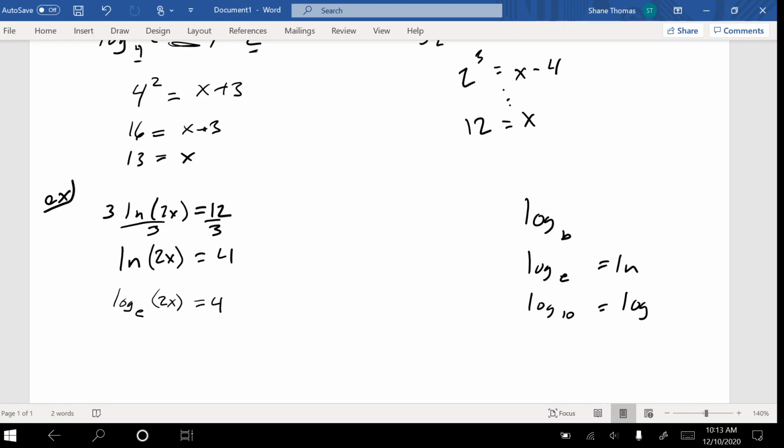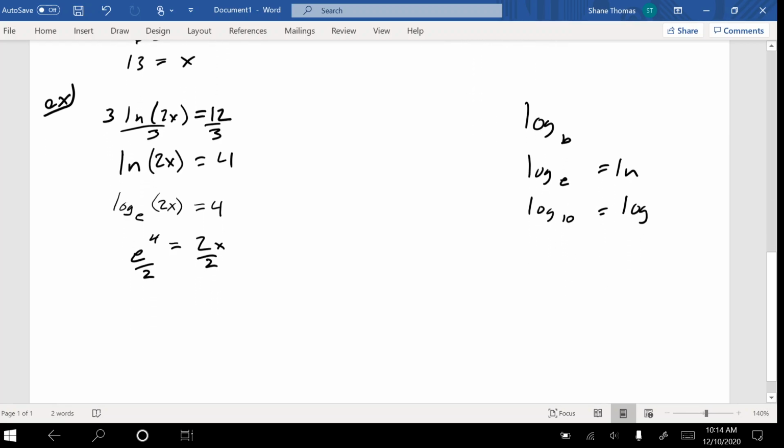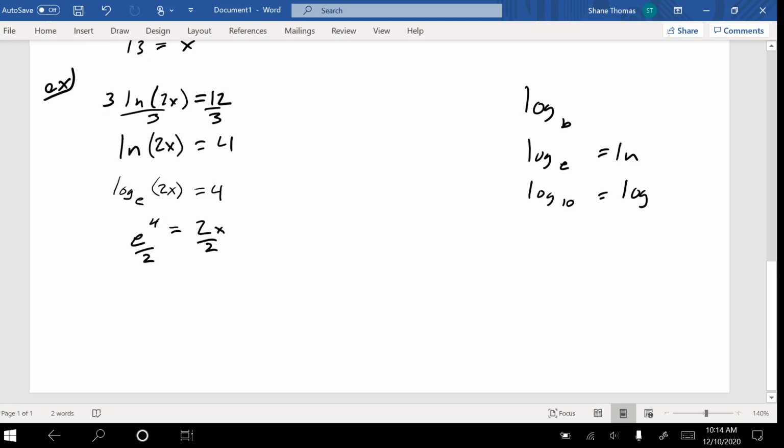I can rewrite this guy now as base to the power by itself equals the big number. e to the fourth equals 2x. I can solve this guy for x. Divide both sides by 2, and then throw her into a calculator. So x equals e to the fourth over 2.